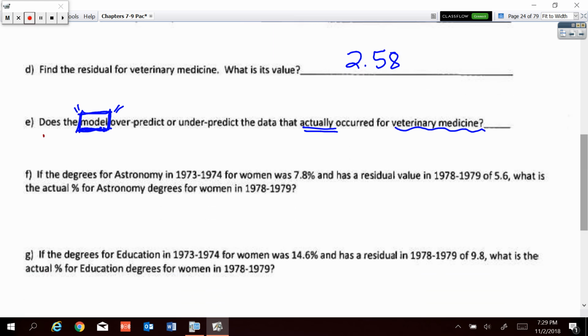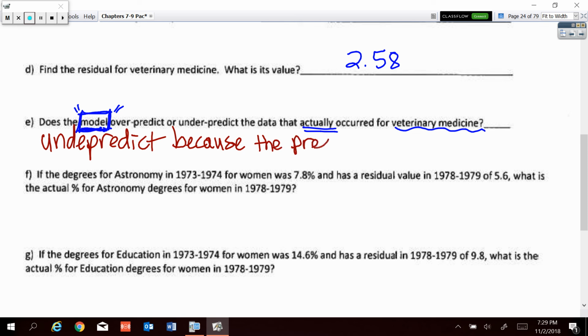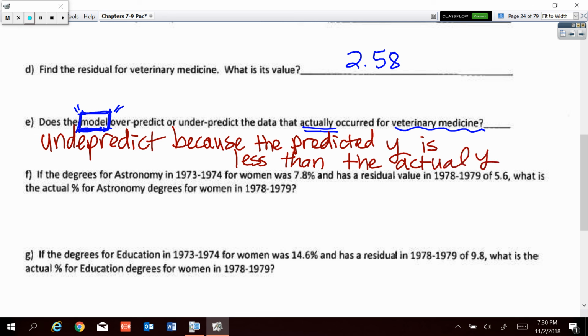The model is under-predicting because the predicted y is less than the actual y value that occurred. Okay, so there we go.